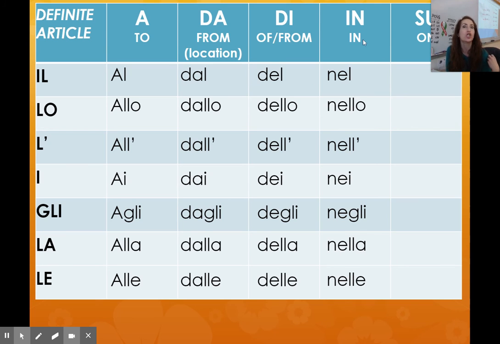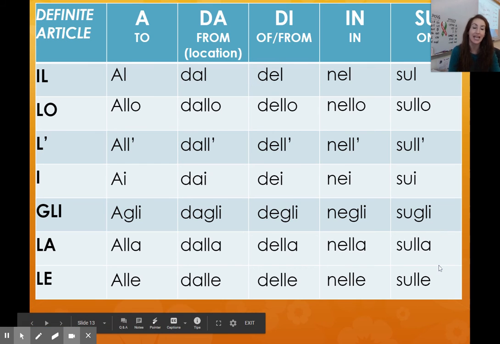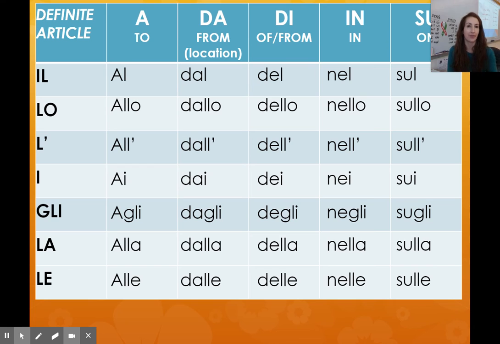Su is on, same idea. It'll combine like a normal one, a and da. So it becomes sul, sullo, sull'apostrofo, sui, sugli, sulla, and sulle. Again, if I wanted to say the matita is on the scrivania, la scrivania, on la, su, la, sulla.